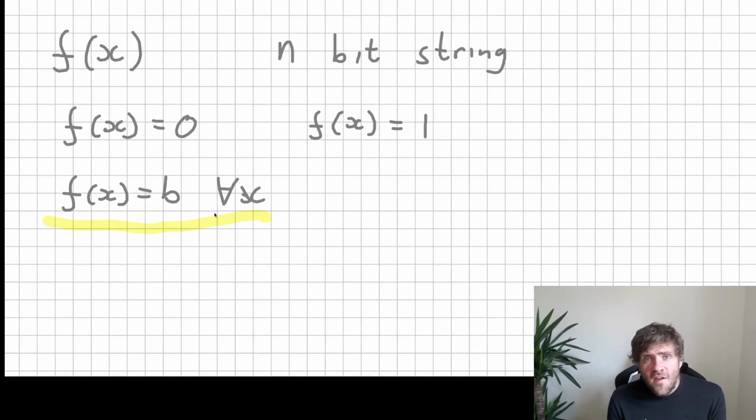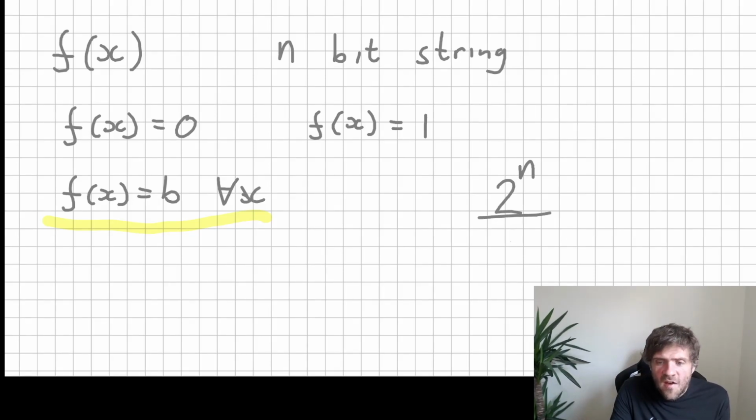In order to be certain whether or not it's constant or balanced, the number of queries we have to perform on this function is half the number of possible inputs. The number of possible inputs for n-bit strings is 2 to the n.